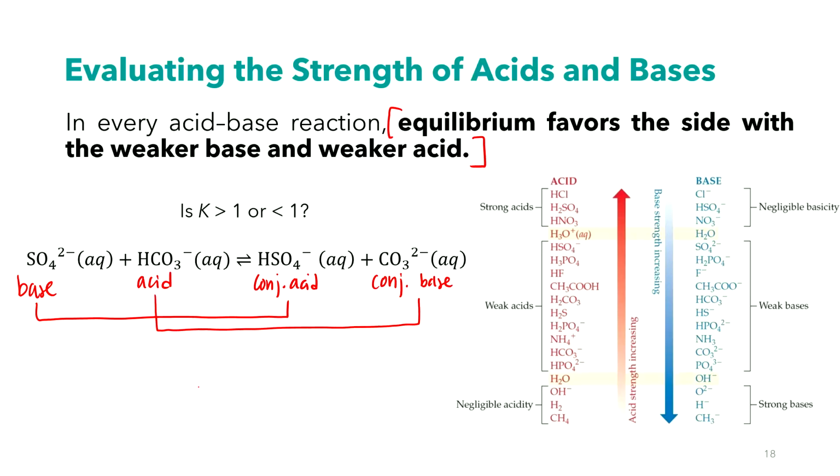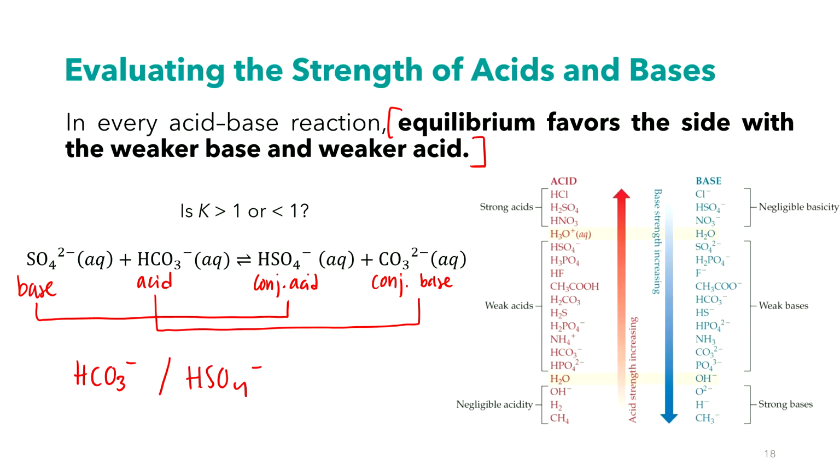So using this diagram, we'll ask you, are we going to have more reactants or more products? That's what the magnitude of K is asking. The statement up there says the side that has the weaker base and the weaker acid, that's the side we're going to be on. So pick your acids. For my left side, I'm going to pull the acid. HCO3 minus was my acid. On the right side, I'm comparing it with HSO4 minus, my conjugate acid.